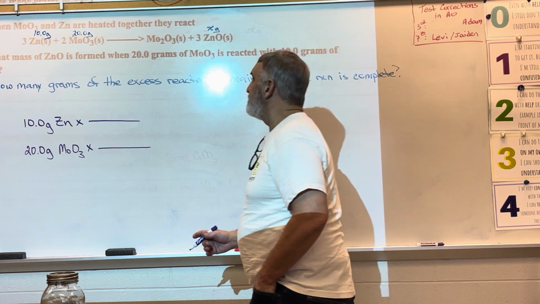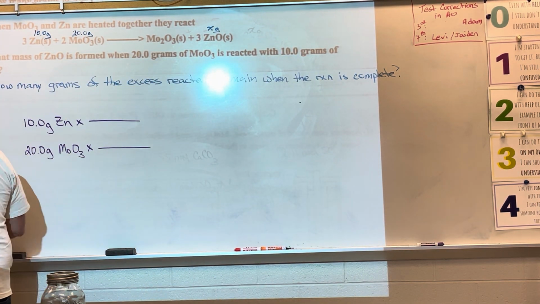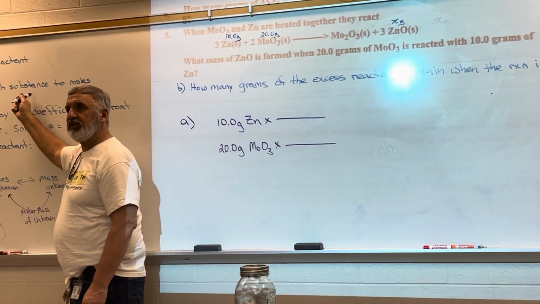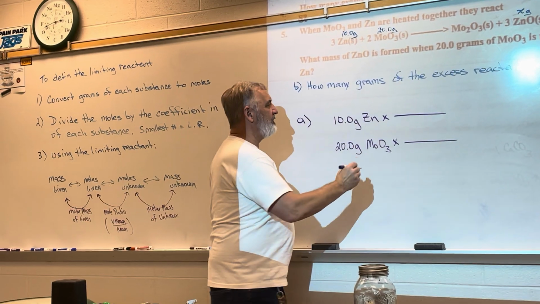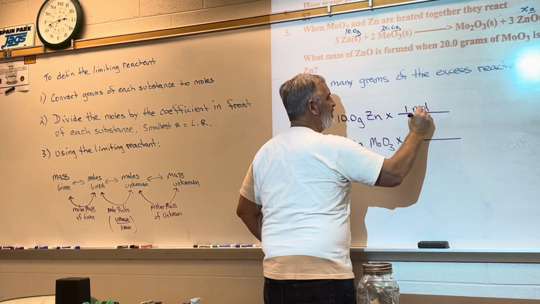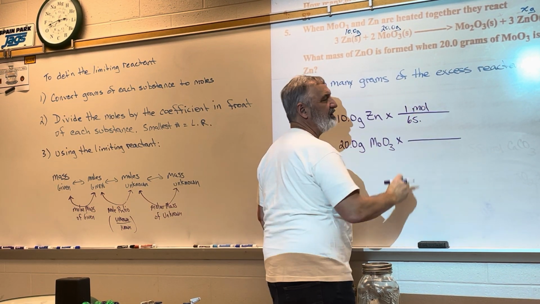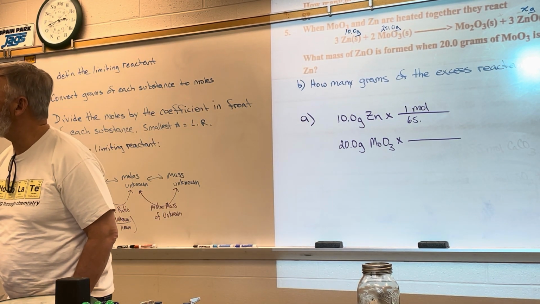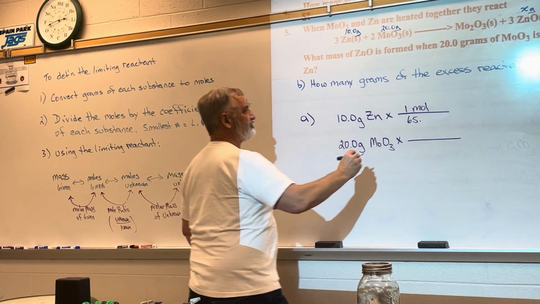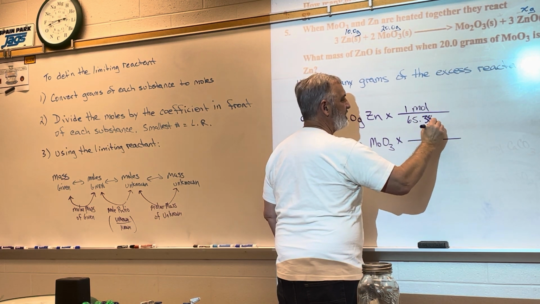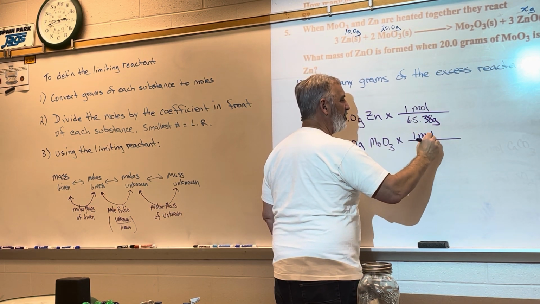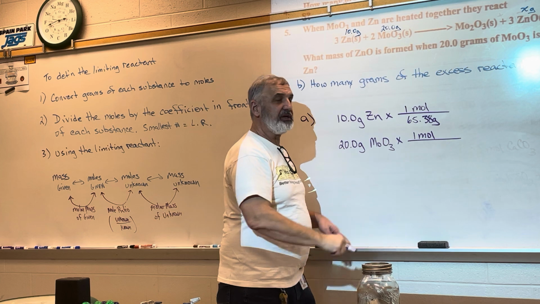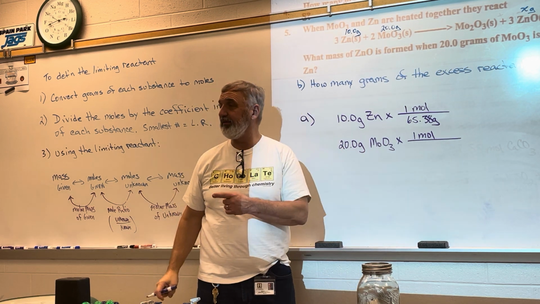Alright, so to convert each one to moles, the first thing we have to do is convert grams of each thing to moles. So we're going to use the molar mass. 1 mole over 65.4, I always say 65.4, but I think it's 65.38 grams. And then this one is 1 mole. What did we get? This is molybdenum, number 42. Some of y'all had to search for a while.